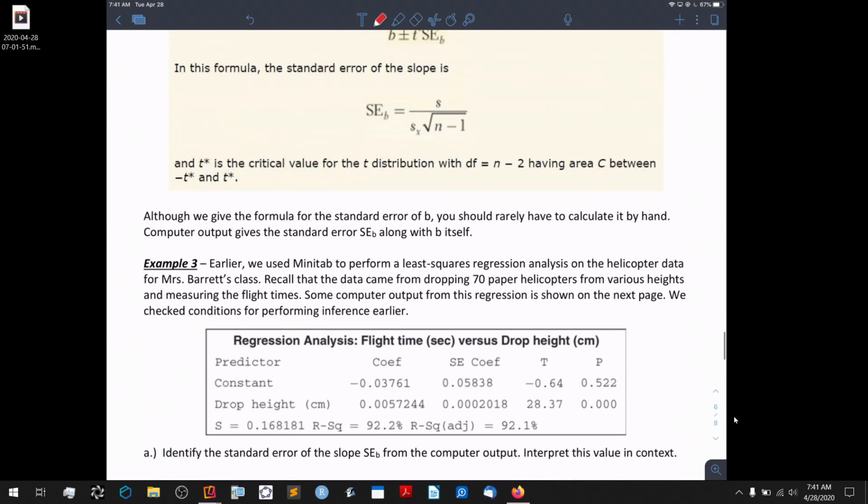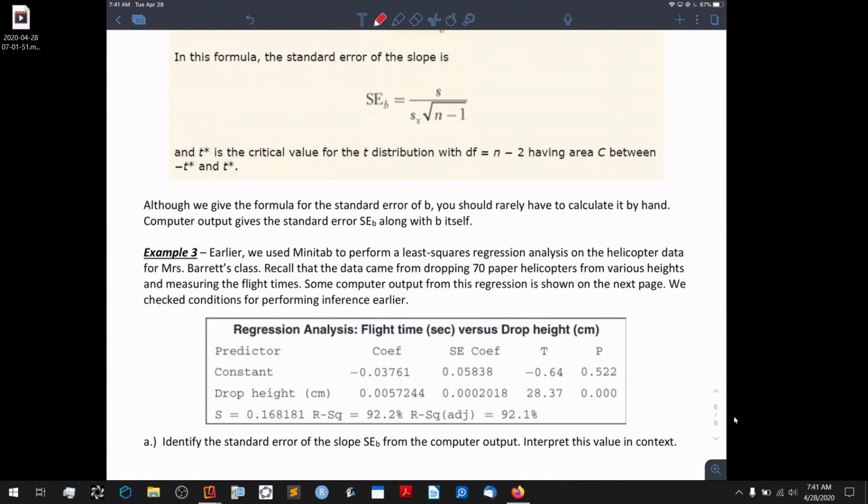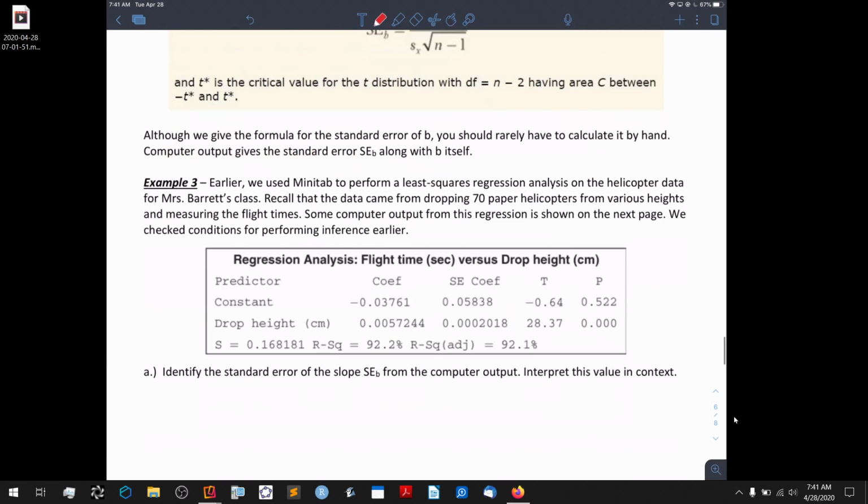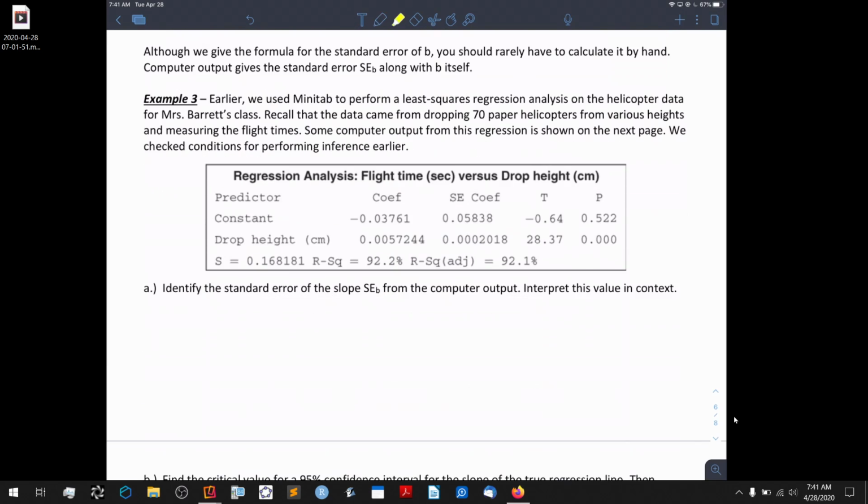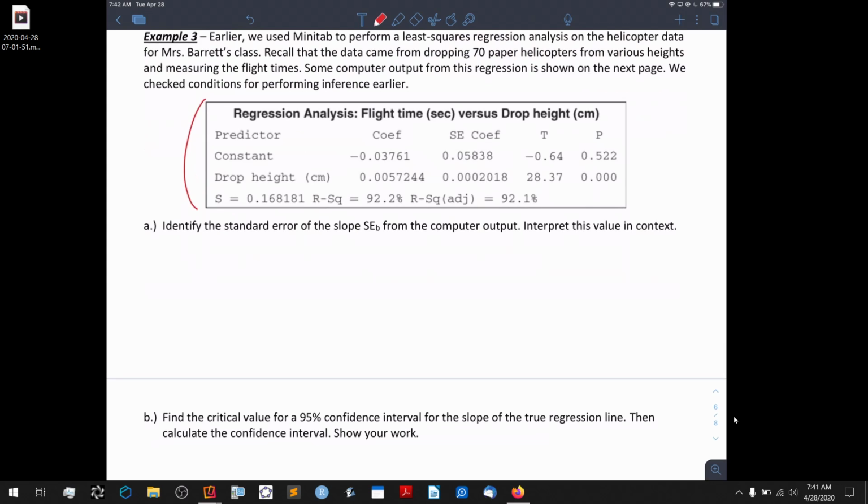So what does this say? Again, you really don't have to calculate SE by hand. All right, so here's the regression output again. Identify the standard error of the slope. What is the standard error of the slope? And you say, this is the standard error of the slope.